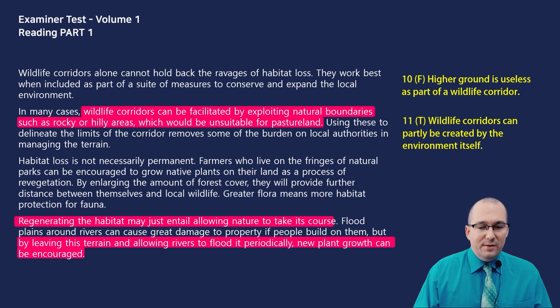And right away we can feel that it's true from that. But we read a little bit more. By leaving this terrain and allowing rivers to flood it periodically. Leaving this terrain means not touching it, not bothering it. Again, we go on, new plant growth can be encouraged. So from all these highlighted sentences, we definitely know that 11 is true.